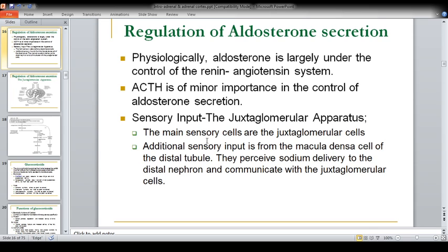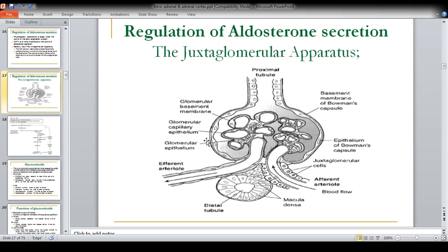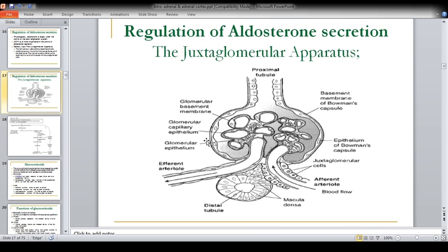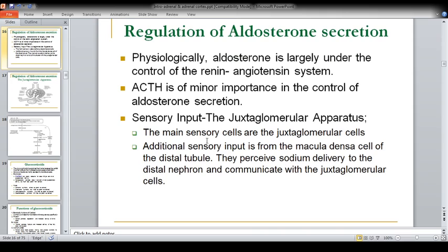Aldosterone is produced under the renin-angiotensin system, which consists of multiple organs involved in a loop. I'll explain it in the next slide.